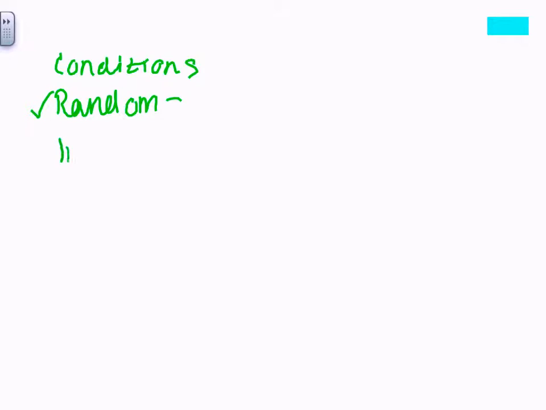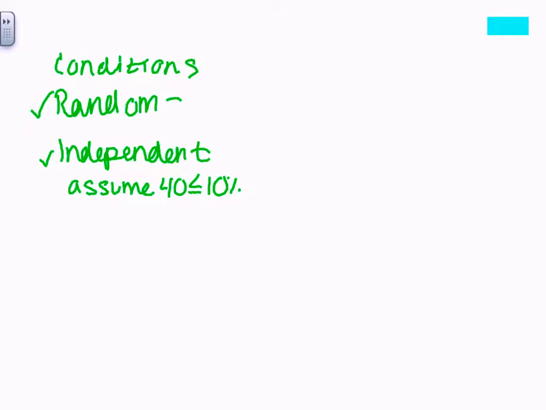Okay, so let's first check our conditions as always. Random: they do say that it was a random sample of 40, so we're good with random. Our independence check, that's your 10% condition. We would have to assume that 40 would be less than or equal to 10% of light-duty engines.